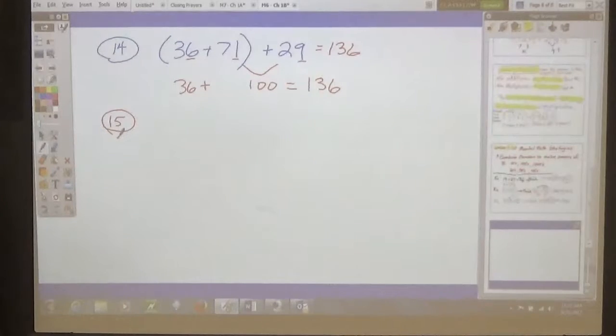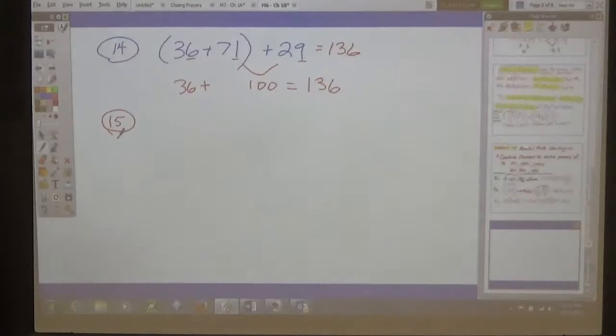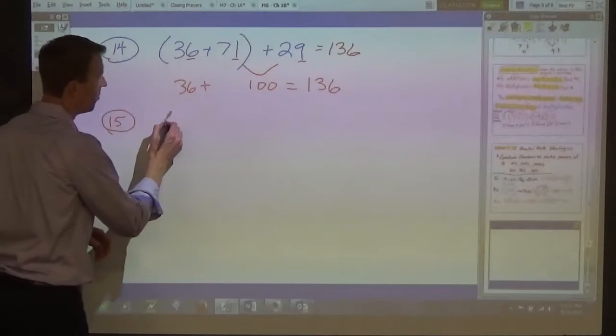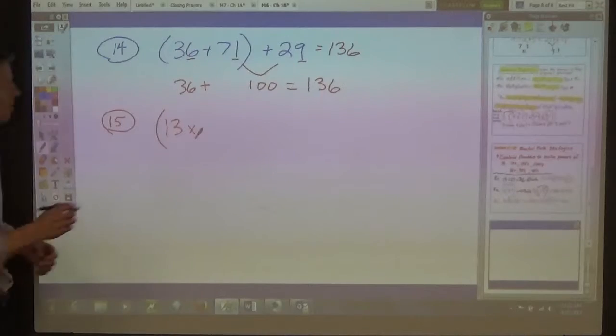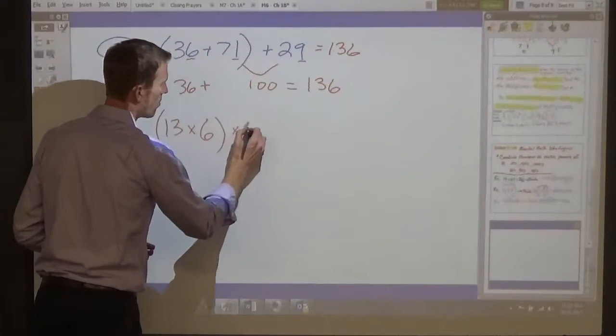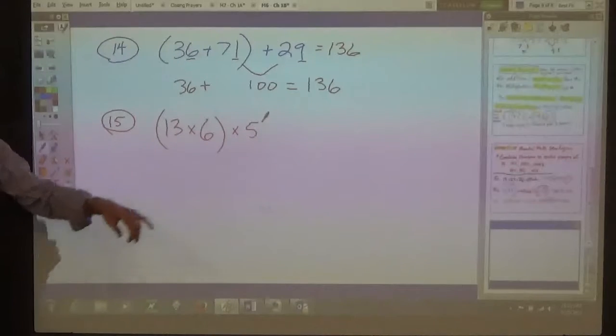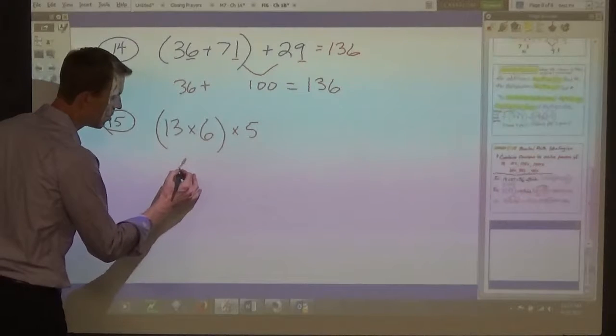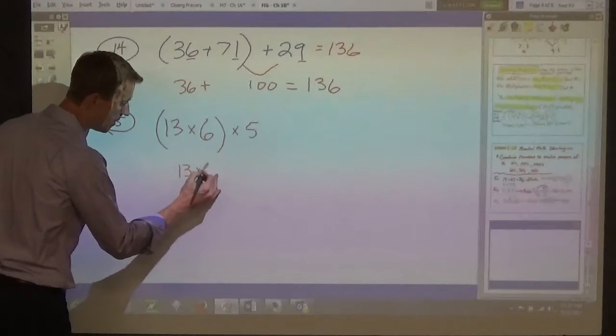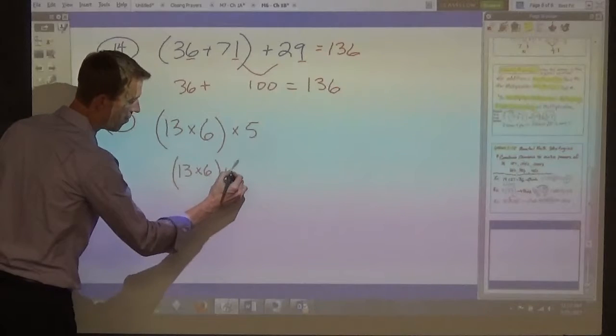Number 15. Hillary, you had a question about parentheses. So, in this case, we have 13 times 6 times 5, right? Now, the rule with parentheses is, Hillary, we could rewrite this as just 13 times 6 times 5.